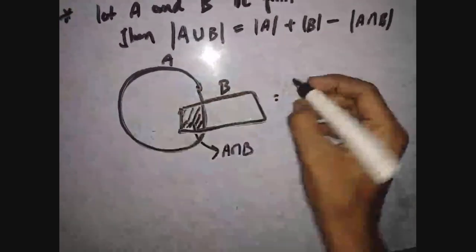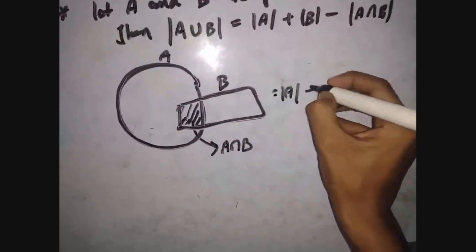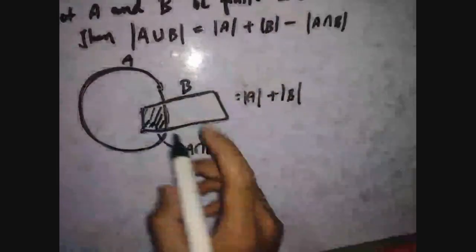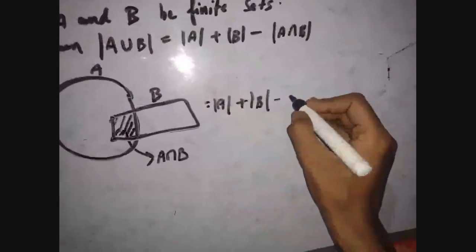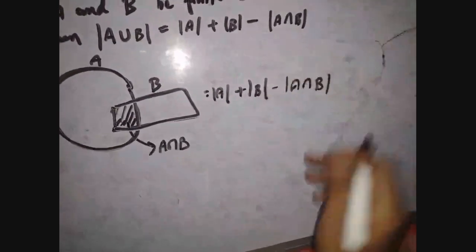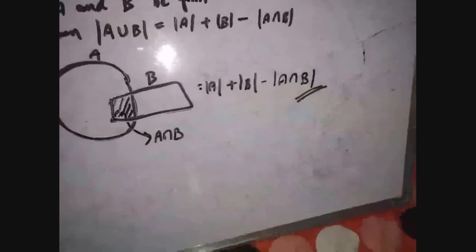Therefore we counted A plus we counted B, but instead of counting this intersection once we counted it twice, therefore we have to subtract it once. That's why we have to subtract this. So I think this is a very easy proof.